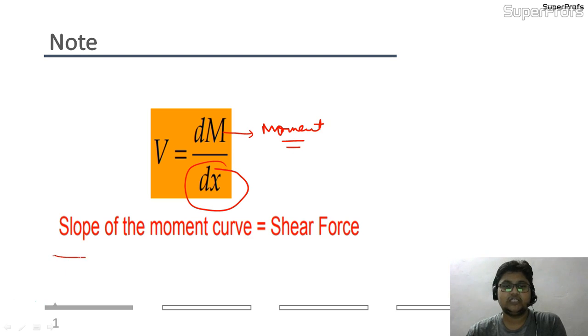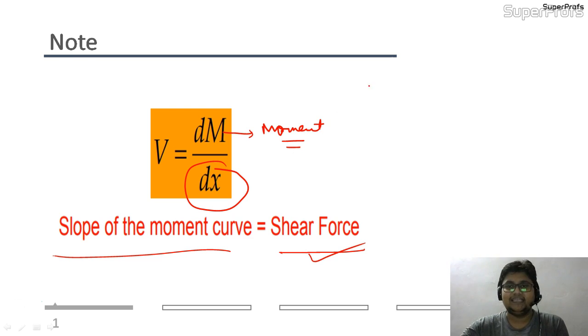So directly the slope of the moment curve, that is the bending moment diagram, is nothing but the shear force. So remember the pattern which is being followed. The loading intensity we get from the slope of the shear force diagram. The shear force we get from the slope of the bending moment diagram. So it is just a sequence that is being followed here.